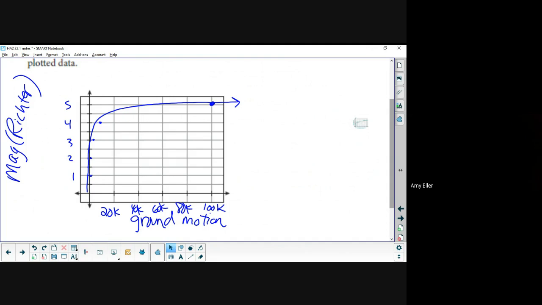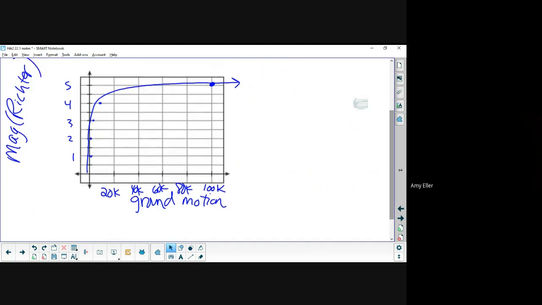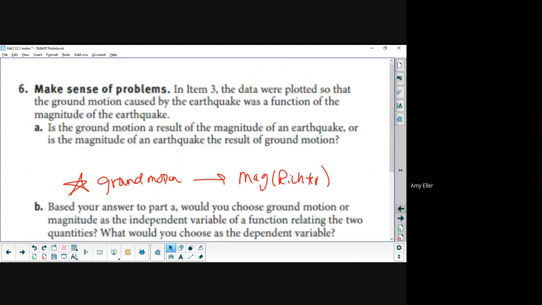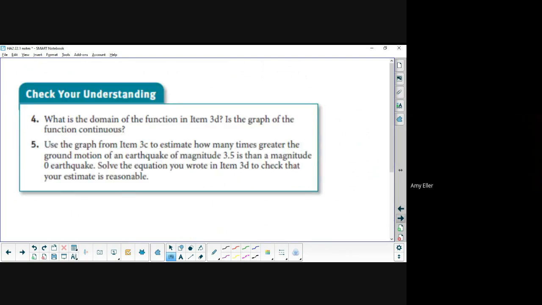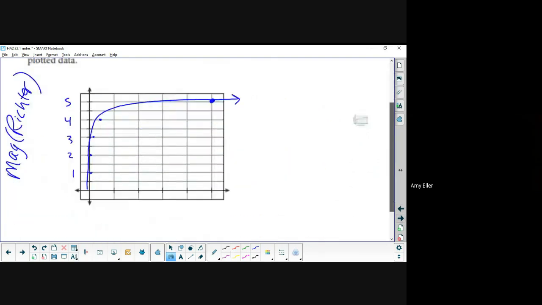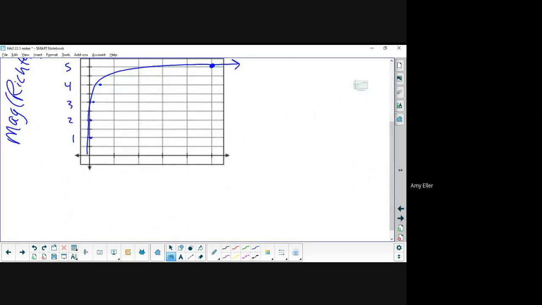Let me show you what somebody suggested, a different way to count by. They're still doing ground motion. They were kind of looking at this table and looking at this ground motion here. So they counted by 10, 100, 1,000, 10,000, 100,000.